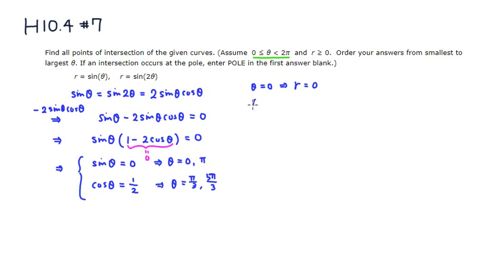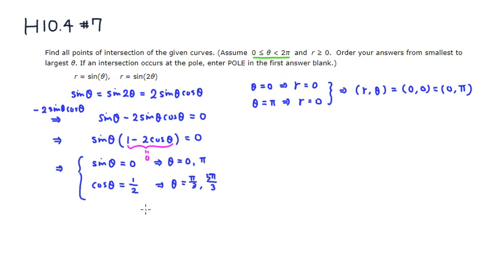Sine of pi is 0, r equals 0, so it hits the origin. These are exactly the same point because r is 0 anyway. Whether you put 0 or pi, it's the origin.